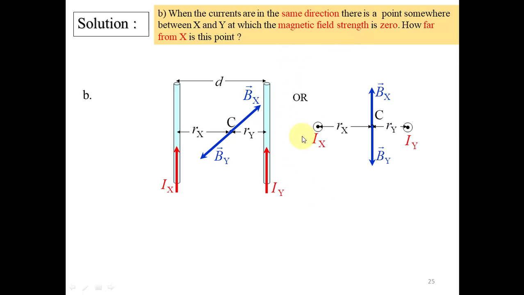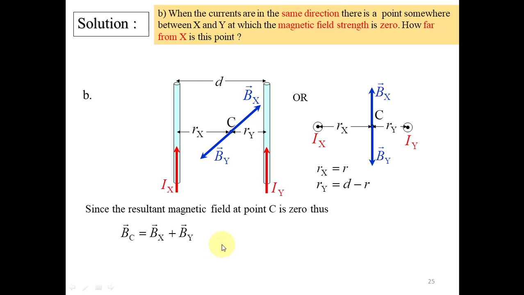In this case, we don't know exactly where the magnetic field is zero because you are to determine it. Let's say Rx equals R. Ry is D minus R, because we know that from Ix to Iy is D. If this is R, then the other is D minus R.